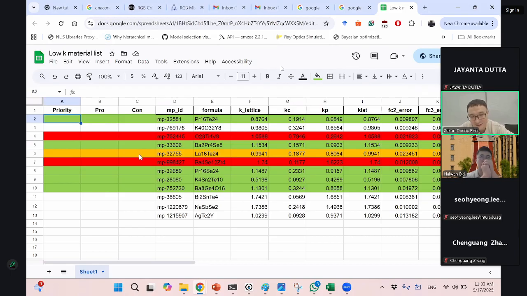Apparently you guys are picking different compounds, right? And also we have one that has not been synthesized. So basically it gives us the idea of which one we should start first if we are doing the actual synthesis.